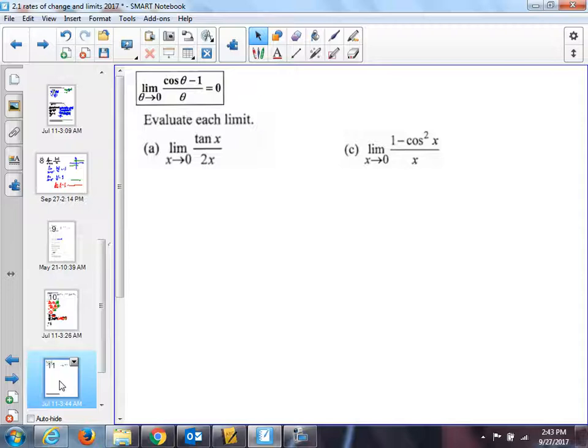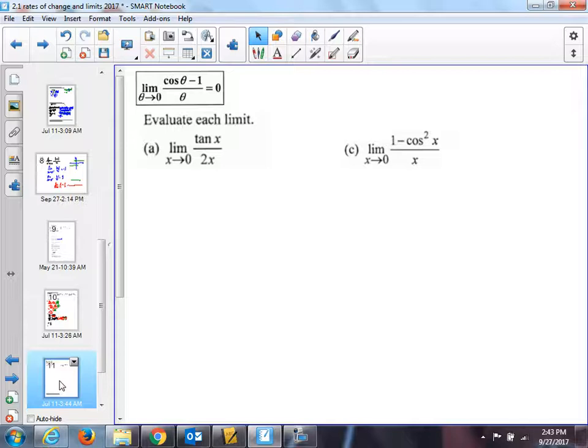Now, how about this puppy here? Evaluate each limit here. I got a tangent function. Well, there are a few things you need to be aware of trig function-wise. You don't need to know your double angle identities and your half angle identities and sums and stuff like this. If you need those, they'll be given in problems.